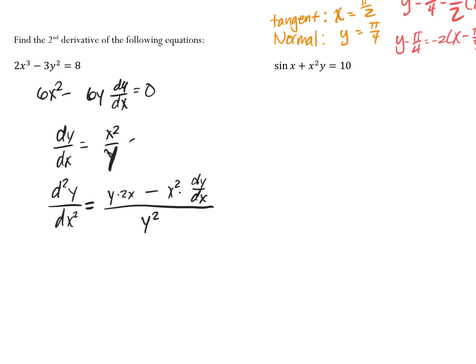So this, y dx, you would do x squared y to the negative 1, yeah? So that would become 2x y to the negative 1 plus negative y to the negative 2 dy dx, times x squared.